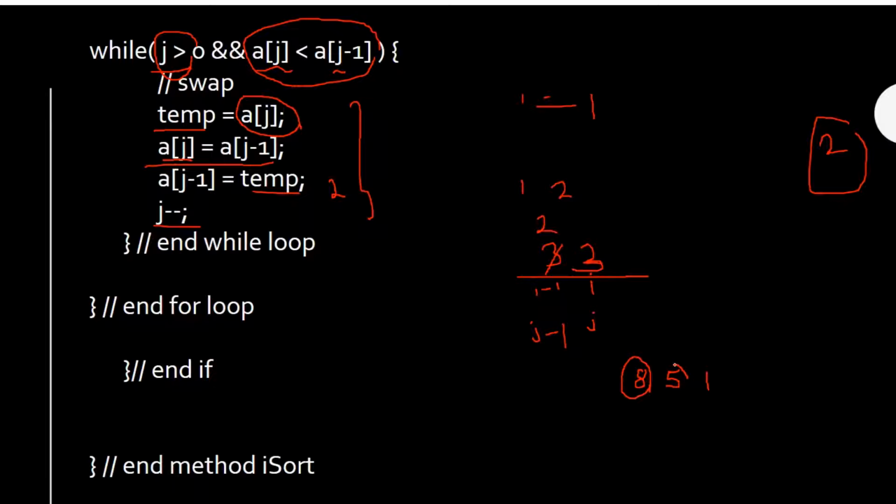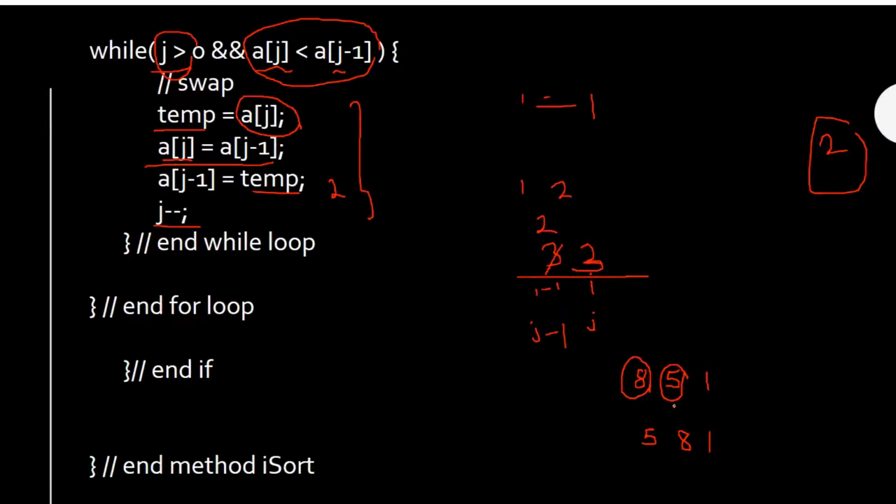Then we take 5, which is our current j, and compare it with 8. Then we discover that it is not in the sorted position, so we swap it. Then this becomes 5 and this becomes 8. Remember, we still have 1.